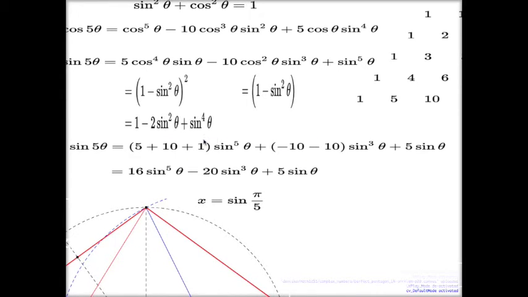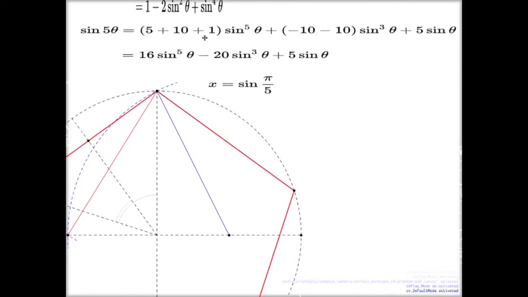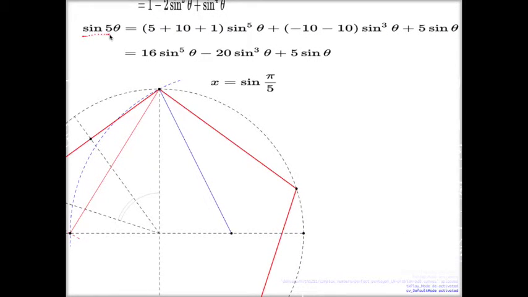We're going to use this relation we just discovered, this relation of sine of 5 theta, this expression. If you use the pi on 5 value for theta, and you call your sine the unknown x, then you will end up with some sort of equation, with some expression in terms of your unknown x on the right-hand side.